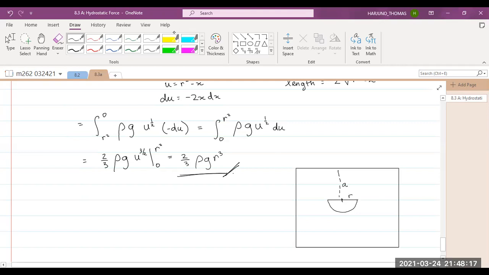The radius is still r. Now the question is, how much force is experienced by that cover by sinking it as deep as a units? And I want you to see that the result is actually quite nice. Our textbook does not talk about this.